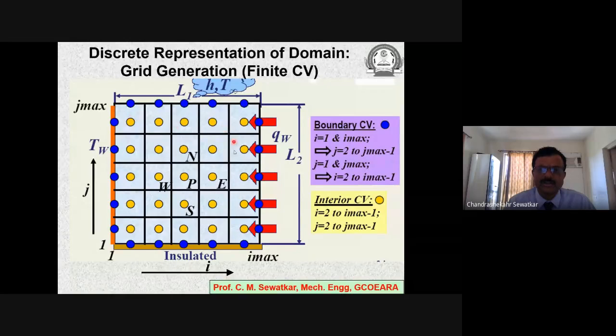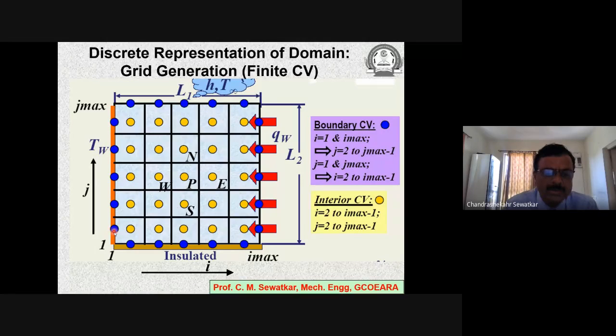The yellow cell centers here we normally call interior control volume cell centers. For interior control volume cell centers, the running indices go like this: I is equal to 2 to Imax minus 1 and J is equal to 2 to Jmax minus 1. So within this, we have the interior cell centers.